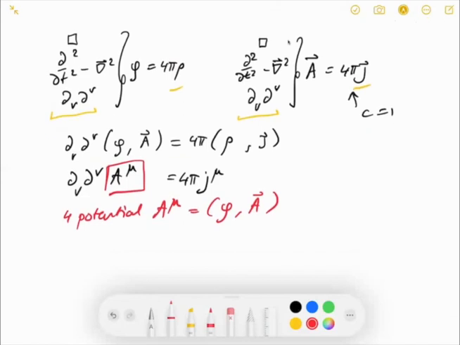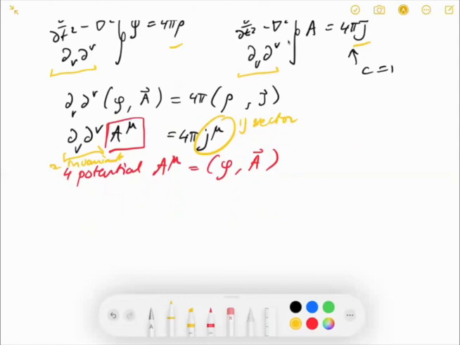And we're absolutely allowed to do that because 1, this is a 4 vector. And 2, this is an invariant operator. So we have an invariant acting on something that comes out as a 4 vector, then we can write that as a 4 vector. So the potential, or the 4 potential, is a 4 vector.